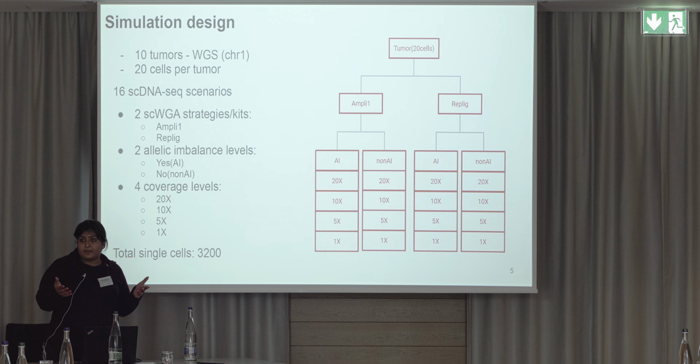Or it is not whole genome and it is higher coverage. This data is also differently generated because the first one has even coverage, so it does not have all these amplification problems.